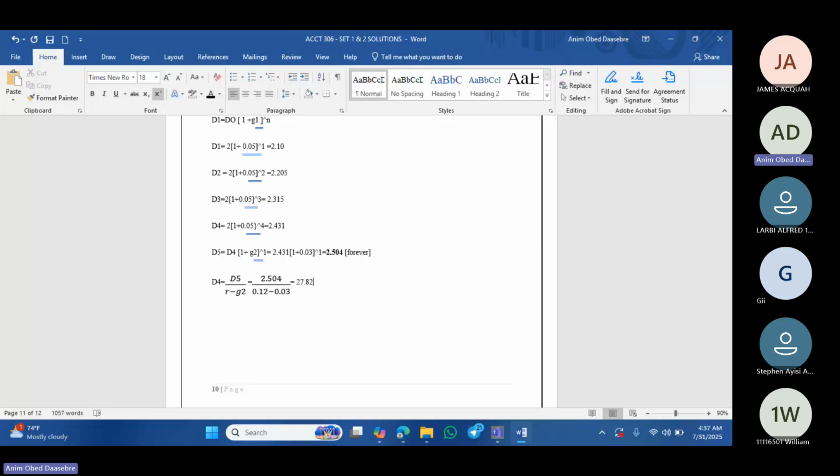So from here you discount D1, D2, D3, D4 and the terminal value to get a price.